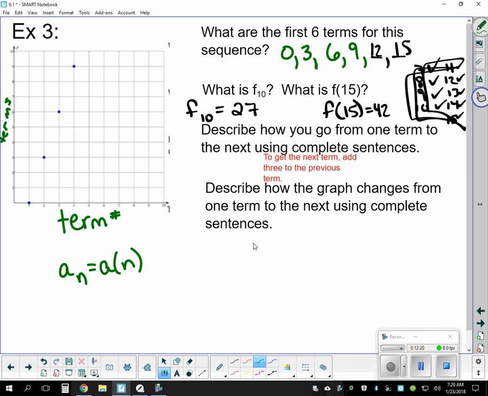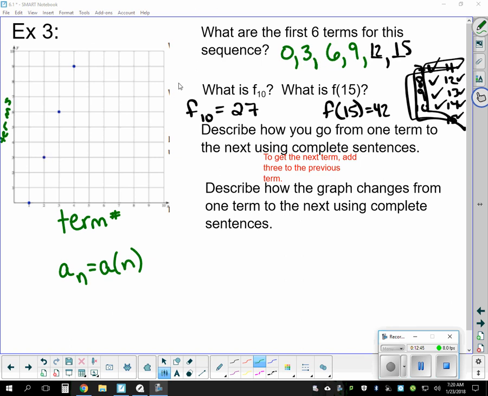Describe how the graph changes from one term to the next using complete sentences. Well, if I'm looking at my graph over here, if I imagine trying to make a line through here, or a curve, or connect the points, I can see that there's a constant rate of change. There's a slope. Rate of change means slope. There's a rate of change of up 3 over 1. That's constant.